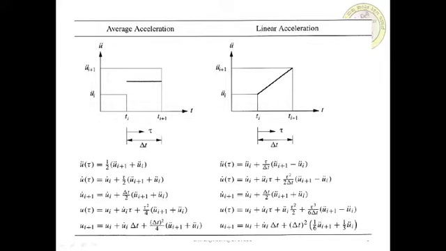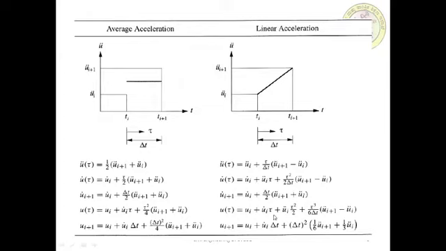In the linear acceleration method, the acceleration varies linearly with the incremental, 2 divided by delta t, as a difference of ui double dot i plus 1 minus ui double dot, going linearly anywhere in between. Then the corresponding velocities are further simplified, and again velocity to displacement.